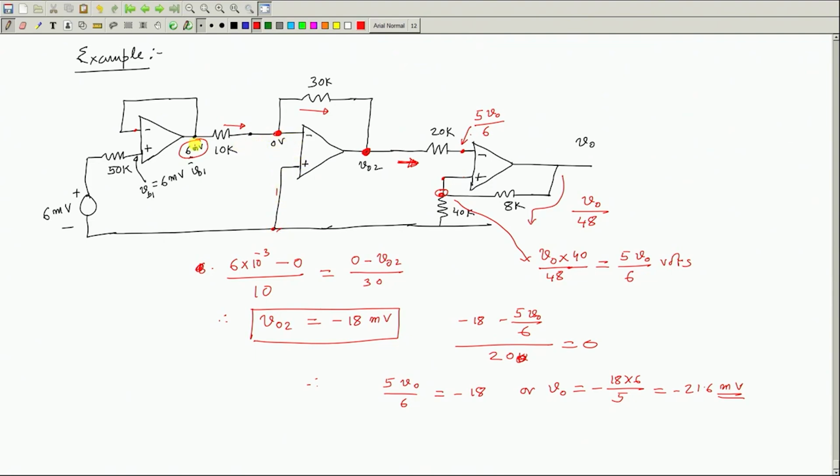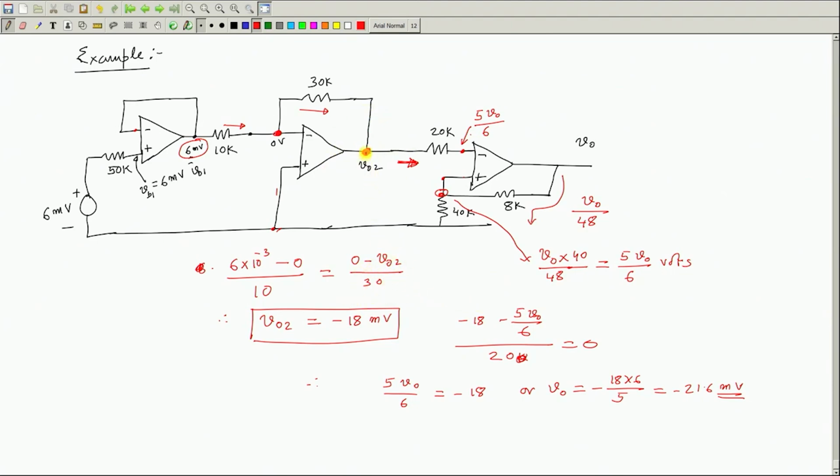So, many things are known. So, the current in this one, 6 minus 0 by 10 k, it does not draw any current, that current will be same as this current, which will be 0 minus V naught 2 by 30. We have calculated that.